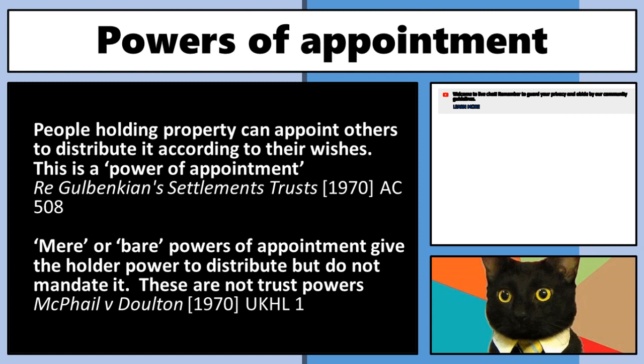Sometimes you hear them called bare powers of appointment. If it doesn't have strong language, it's not going to be a trust. So you need to have strong language with clearly expressed intention for that person to do something with your property. Give it to this other party on certain carefully worded conditions. You must take my property and you must give it to my child.